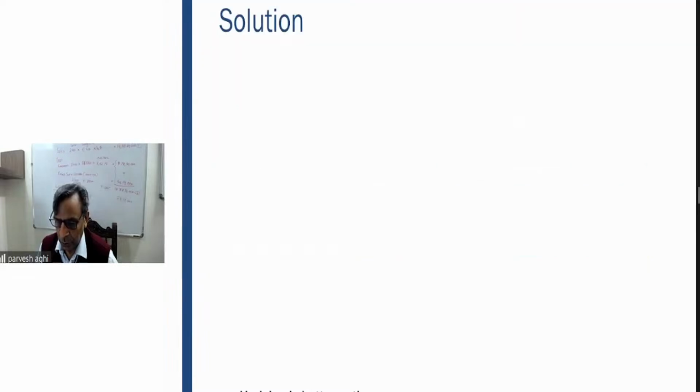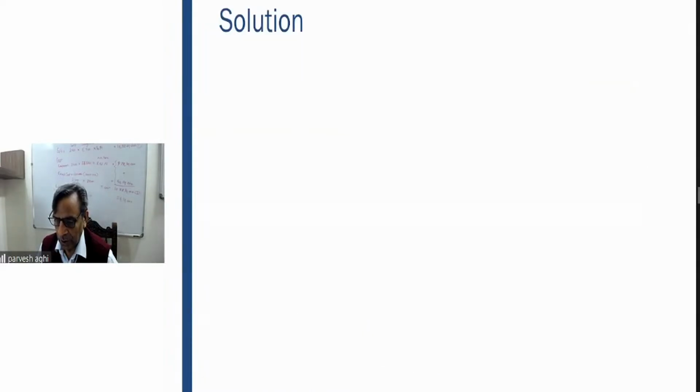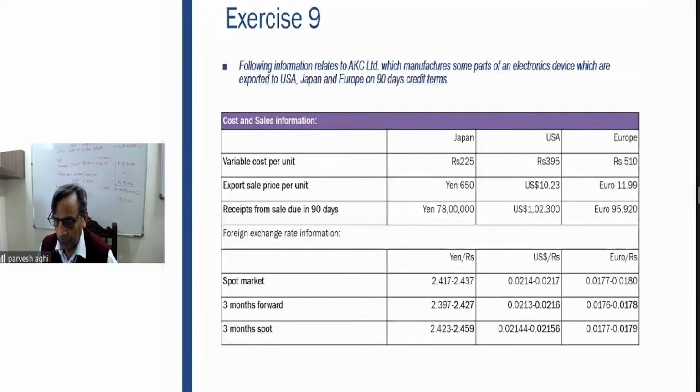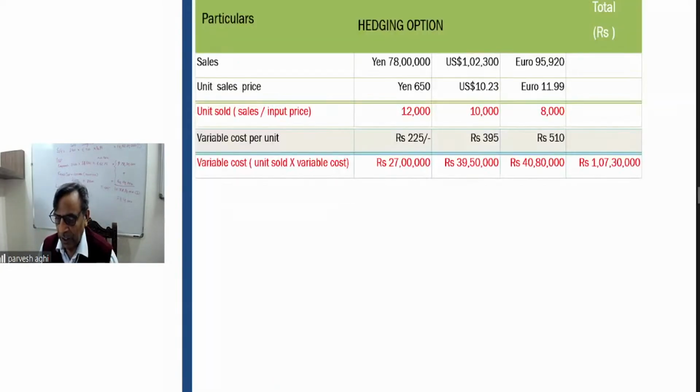So, in the context of the question, the answer is okay. Advise AKC Limited, if you read the last line, by calculating the average contribution to sales ratio, whether it should hedge its foreign currency risk or not. So whether he should cover is based on the contribution to sales ratio, which we calculated.